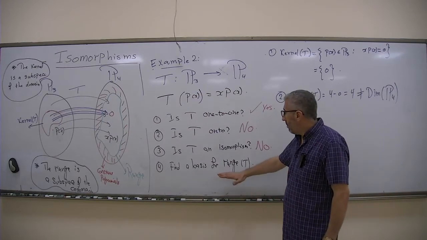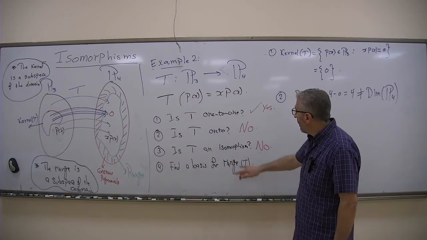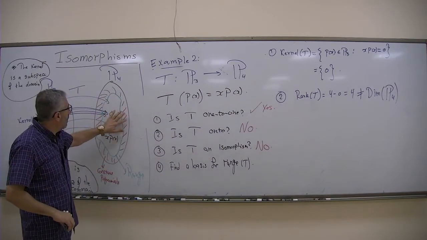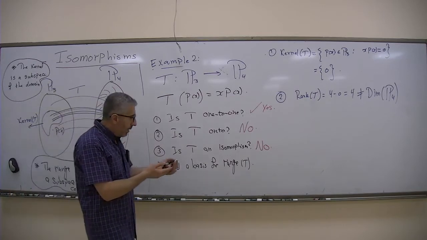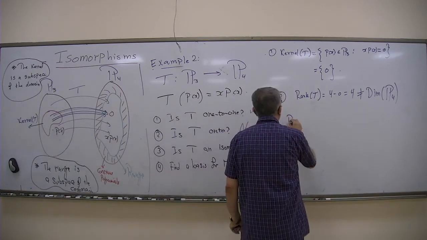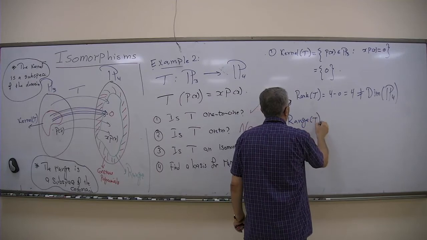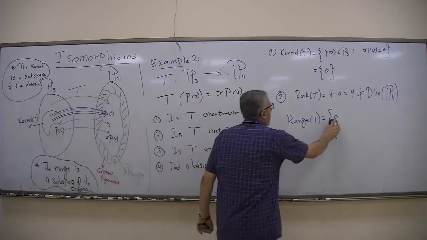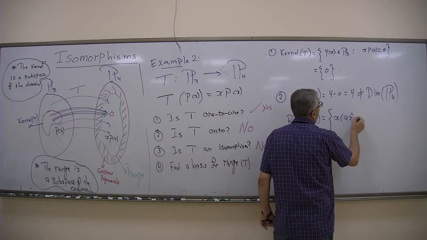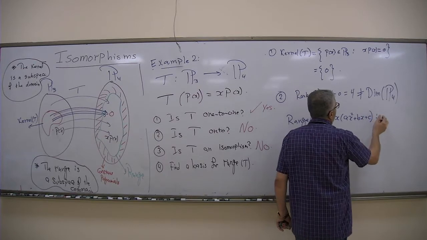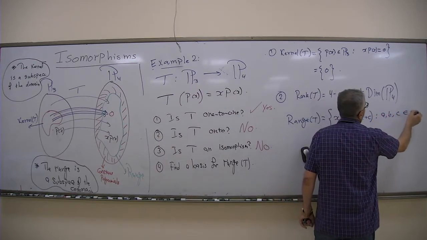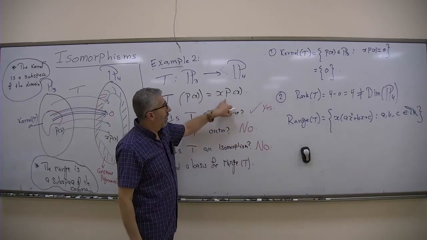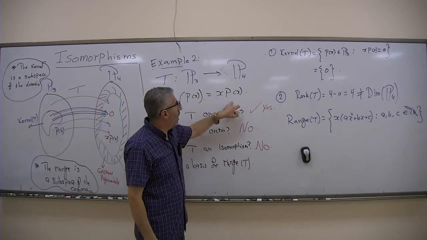So here, find a basis for the range of T. Well, you need to understand the range here. We already said you cover all polynomials that are non-constants. So the range of T is going to be ax multiplied by ax squared plus bx plus c, such that a, b, c are real numbers. That is the general form of the vectors in the range.